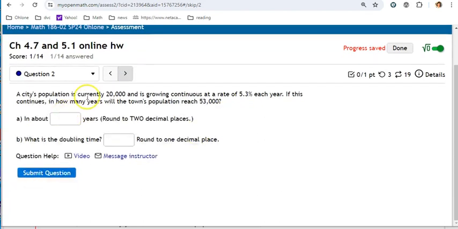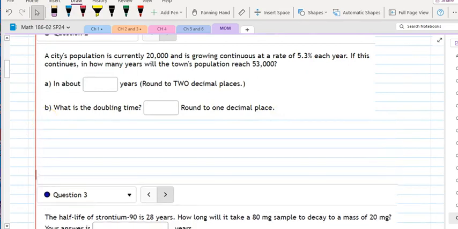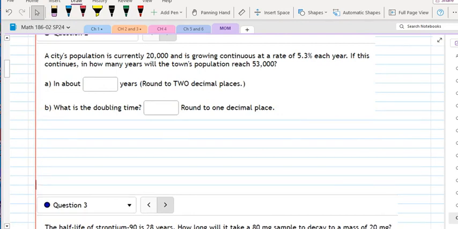Question 2. A city's population is currently 20,000 and is growing continuously at a rate of 5.3%. So this is a continuous growth rate of 5.3%, that's k. If this continues, in how many years will the town's population reach 53,000? So this is a continuous growth application, and they also want us to find the doubling time.